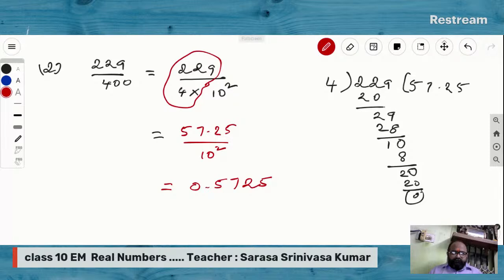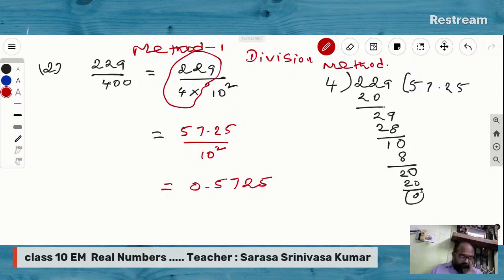This is method 1, by actual division. This is the division method.